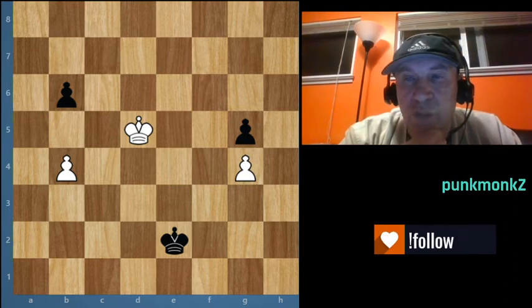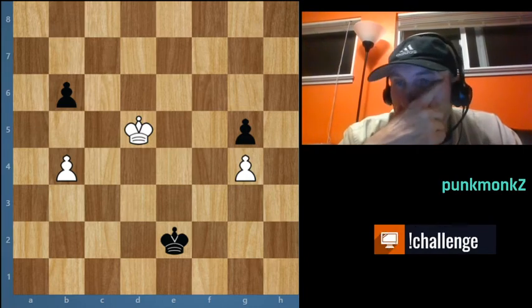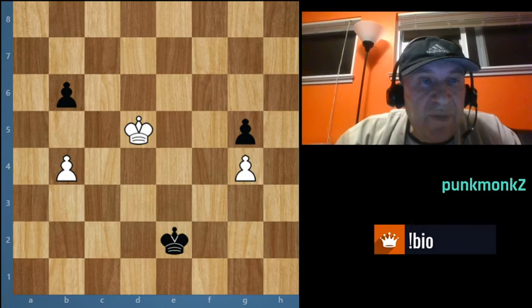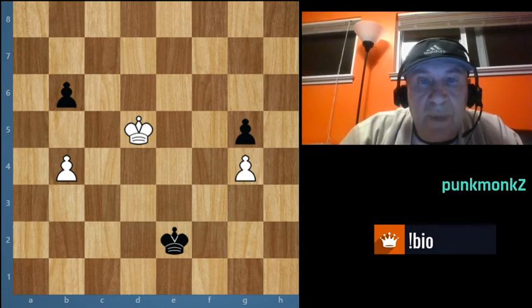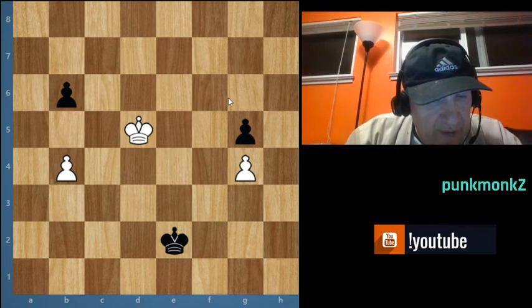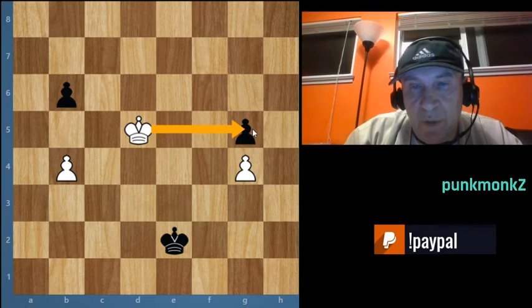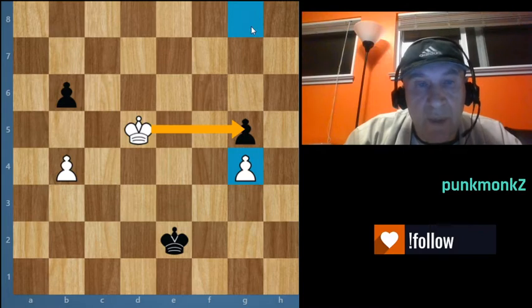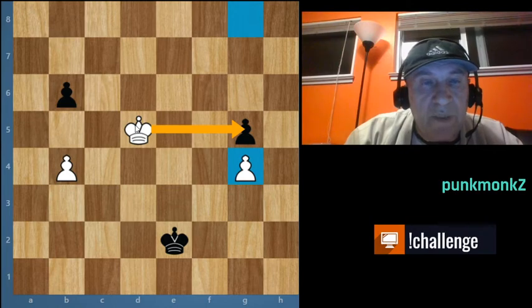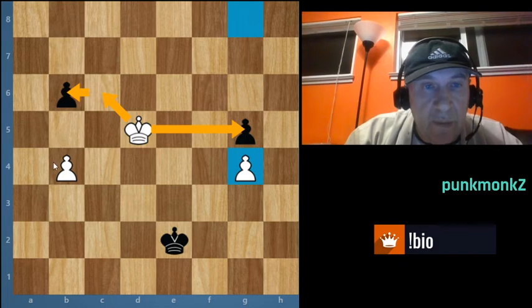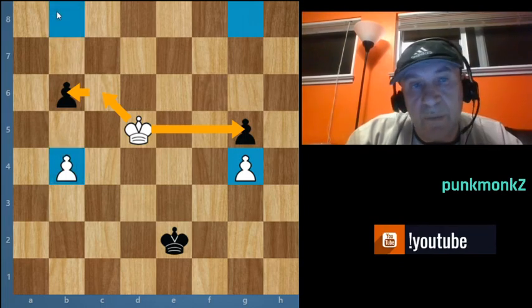Now, we have a new position here, and we're going to use the counting method to decide what to do. It's very simple here. Basically, what White has to decide in this position is whether he's going to remove the G pawn and try to queen his G pawn, or whether he's going to try to pick up the B pawn and then push his B pawn down.